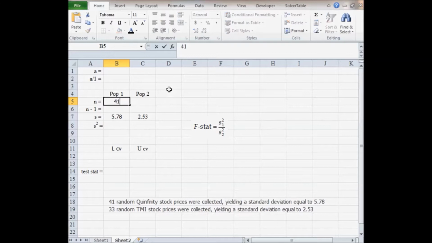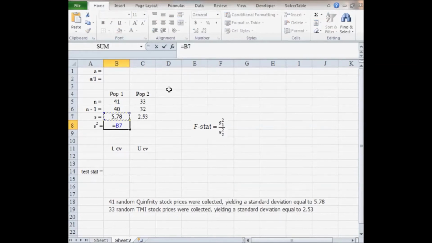The 41 stocks were used to compute the sample standard deviation 5.78. The 33 TMI stocks were used to compute the standard deviation of the TMI stock price. The degrees of freedom for population 1 is 41 minus 1. The degrees of freedom for population 2 is 33 minus 1.